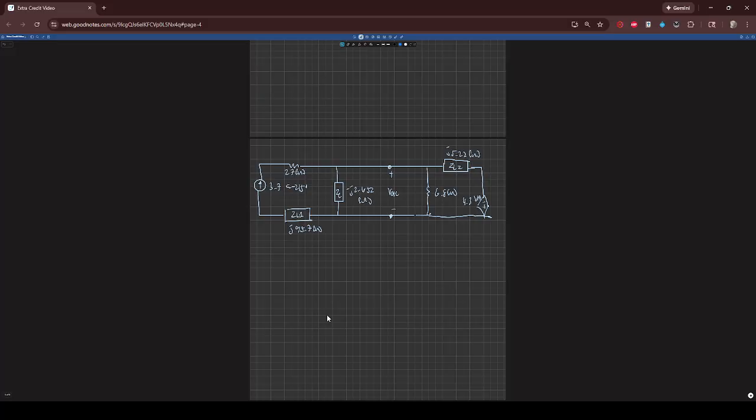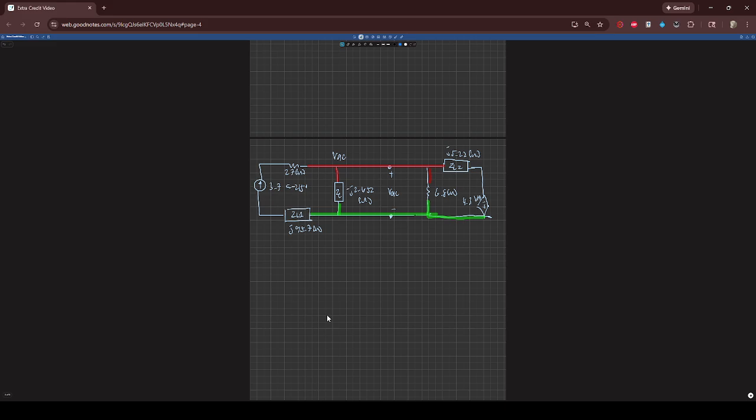And let's solve it with nodal voltage as well for VAC at those terminals. So let's label my nodes. Green is my ground, and I'll use VAC as my variable right here. Alright, so let's start with the same dependent source real quick.